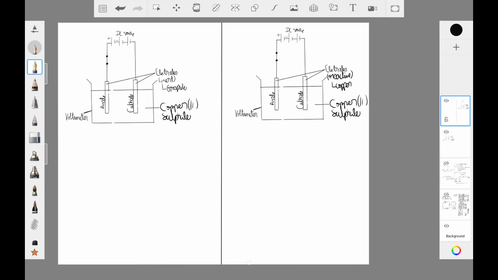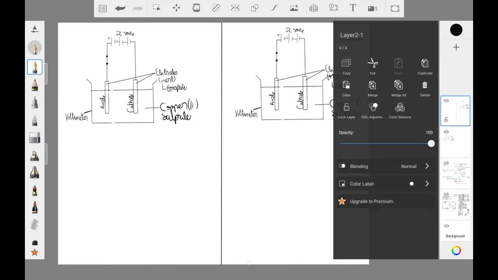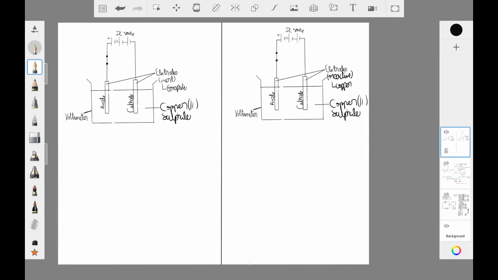Right, so far we've been using inert electrodes for all of our electrolysis demonstrations. But now the syllabus also requires you to be able to compare the results between the electrolysis of a solution of copper 2 sulfate using both inert and reactive electrodes.